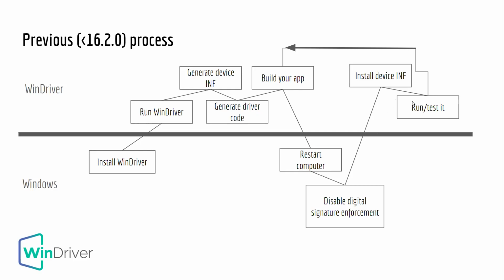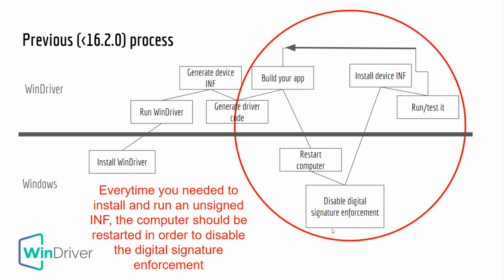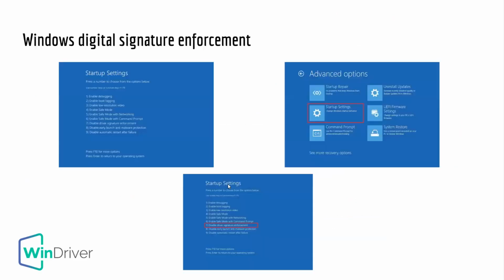And every time we needed to change anything and to install the unsigned driver INF, we entered this vicious circle. And we needed to restart the computer, disable, and again, and again, and again. And it is very time consuming.